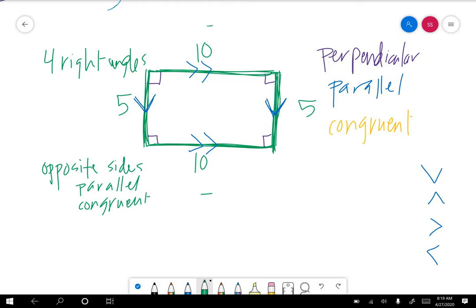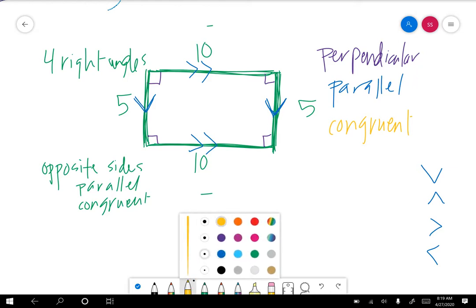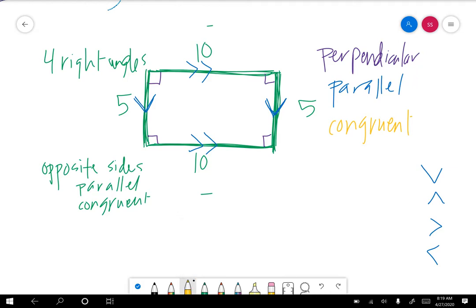Okay. And last but not least, congruent. We're given the measurements here, right? So these two sides are 5 in length. These two sides are 10 in length. So we know that they're congruent, right? They're equal in length, the opposite sides. So how do we actually mark that, though?